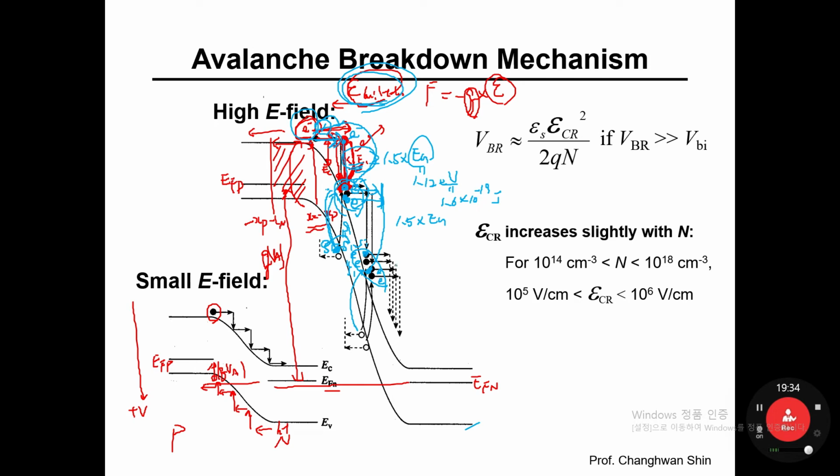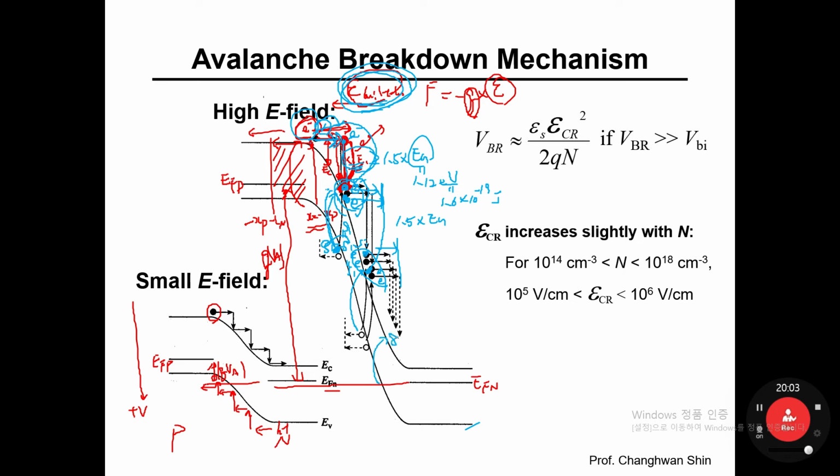Then again, because of the stably formed electric field in the depletion layer, four electrons would be accelerated again, and at some point they're going to be scattered and lose their kinetic energy, and that lost kinetic energy would be delivered to the electrons which are still in covalent bonds. Then additional 4 electrons would be generated.